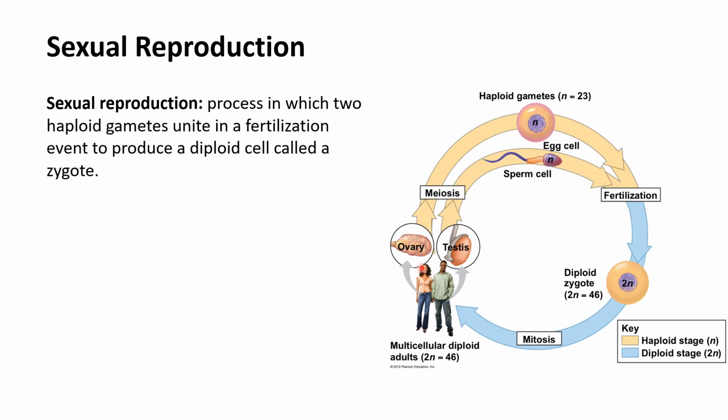Okay, now, in the ovary and testes, meiosis occurs. In the ovary, meiosis will result in the production of haploid egg cells. Notice they go from being 2N to 1N, which gives us only 23 total chromosomes. Now, in the testes, the male produces haploid sperm cells.